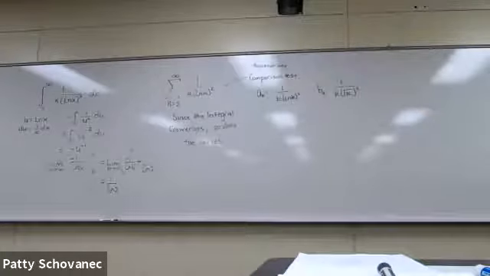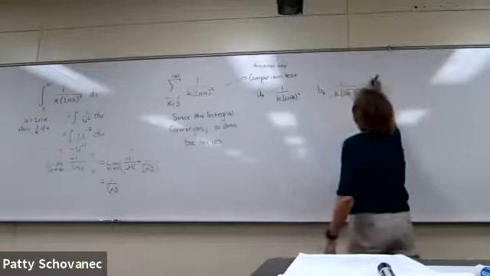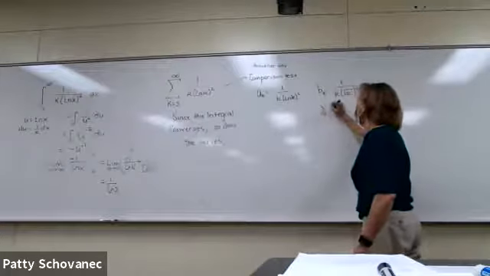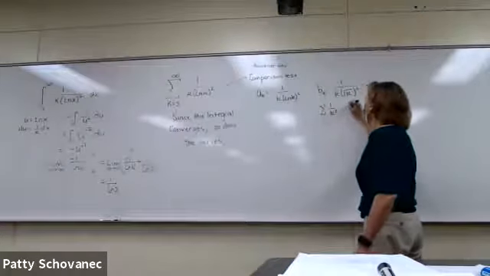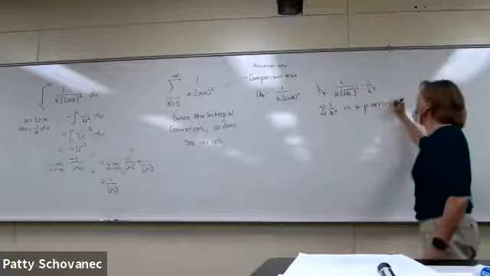Now, when I simplify my b_k term, I get 1 over k squared. So the series 1 over k squared is a known one. That's a p series.